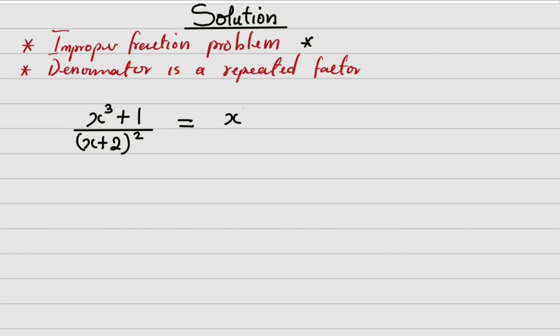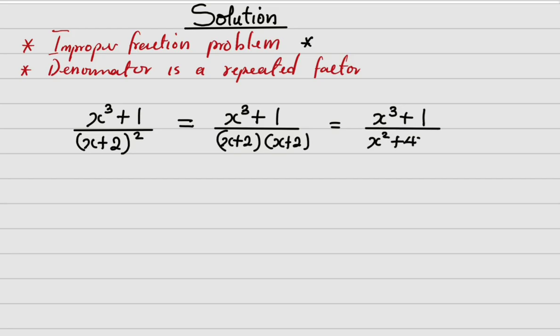But before we do that, I need to express this well so that I can divide. Once I expand x plus 2 all squared, I'm going to have x cubed plus 1 all over x squared plus 4x plus 4. Now, this is what I need to divide. So watch and see how I'm going to do the division.